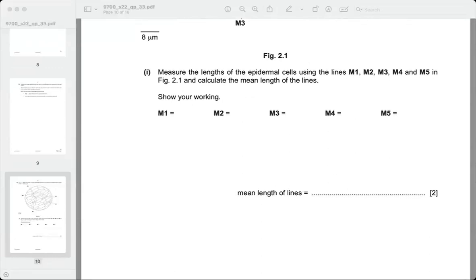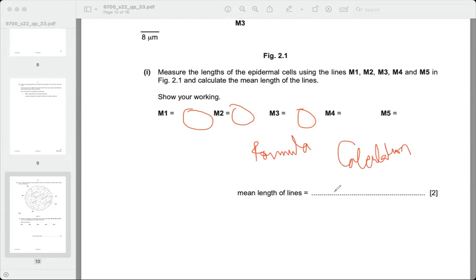So I'm repeating myself again: to get that 2 marks, make sure you write your values here, you write the formula, you show your calculation, and you write your length with units right here. Each one of these is very important for you to be able to score the proper amount of points.